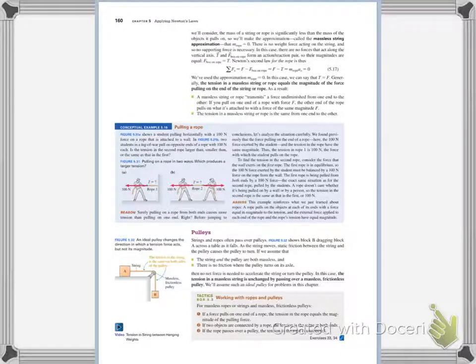I should have maybe made this two pictures. So this is what I was talking about here with the massless string approximation. Right here, there's no weight force on the string or rope.